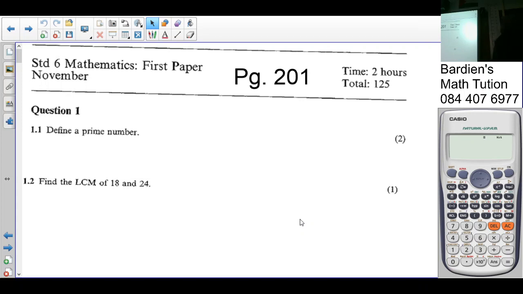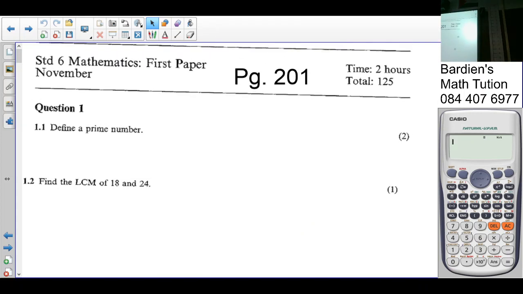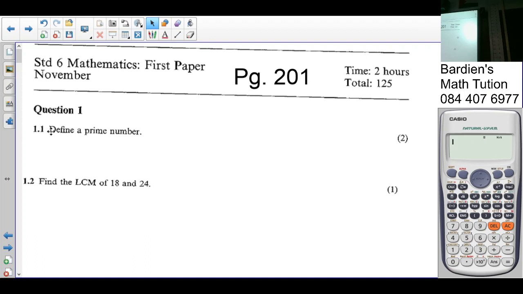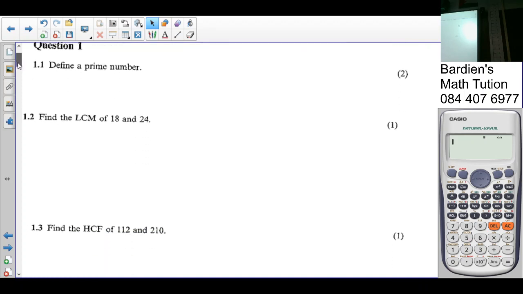So let's look at the first question. We are told, question 1, define a prime number. What is a prime number? It's a number that only has two factors, namely 1 and itself.